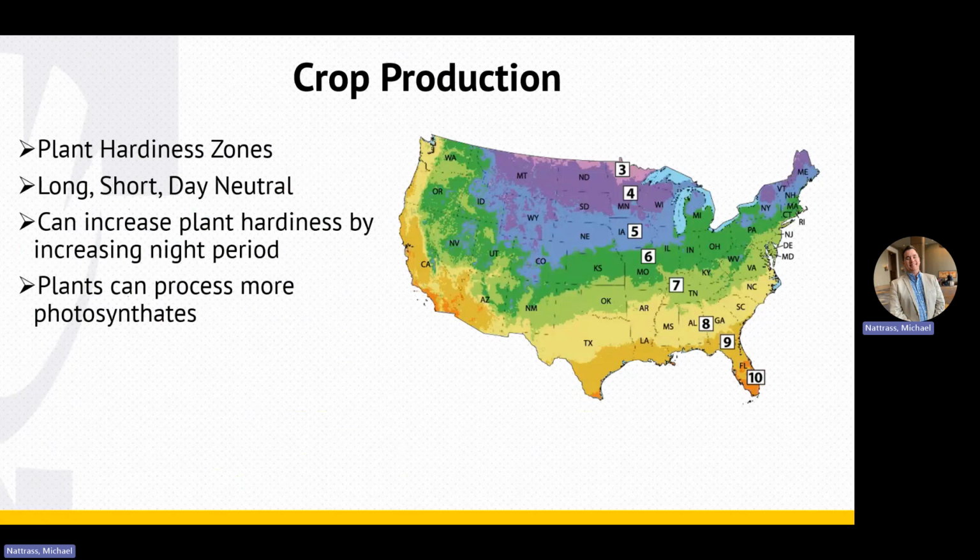If we get a longer night period, then we can process more photosynthates and we can increase the hardiness. That plant actually gets stronger and can adapt to the environment a little bit better. So something to pay attention to in the future, as we start to have these changes in climate: in order to increase the hardiness, we've got to increase the food source and be efficient with that. Being able to process more photosynthates is going to increase the plant hardiness.